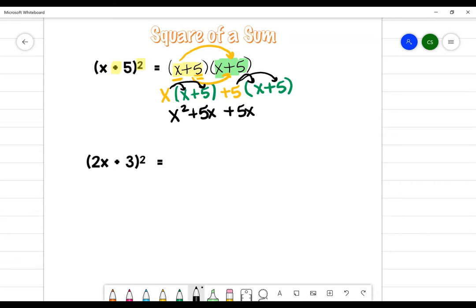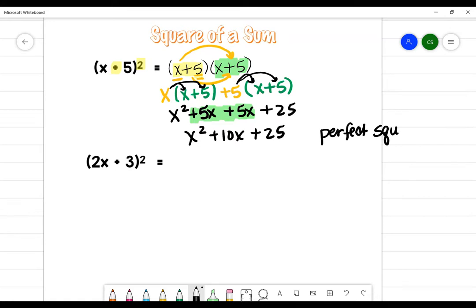And 5 times 5 is a positive 25. Combine my like terms. And we get x squared plus 10x plus 25. What this is called is a perfect square trinomial.